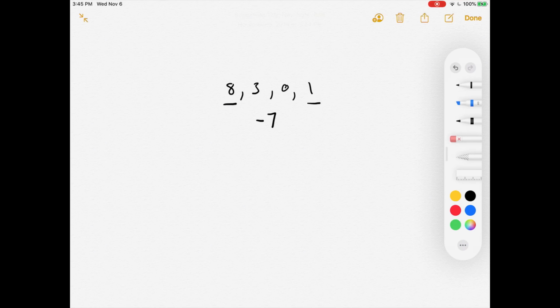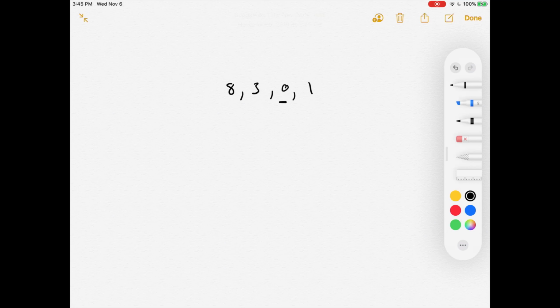Instead, we need to start thinking about it as a minimum buy price versus a maximum profit. We first look for the minimum out of all the numbers. Is 8 the minimum? No. Is 3? No. Is 0? Yes. And now what you would do is try to find the number to the right of this that would give us the greatest difference.